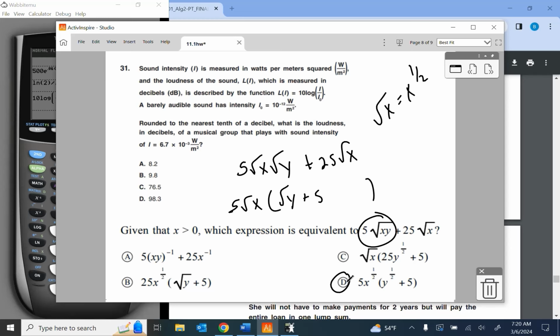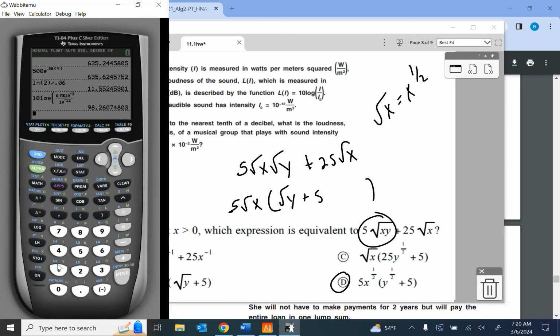Alright, here's how we cheat. We cheat by using the storage feature. So I'm going to make up a number like 10 and store it to x. And then I'm going to take something like an 8 and store it to y, which is alpha.